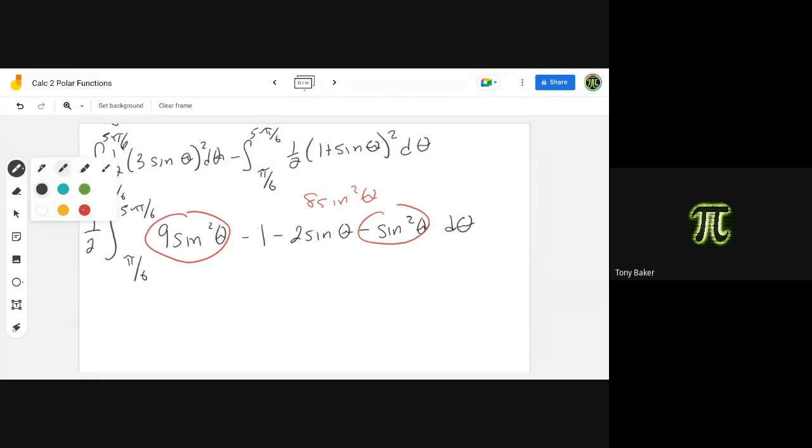So my 8 sine squared theta becomes 8 times 1/2 times 1 minus cosine 2 theta.